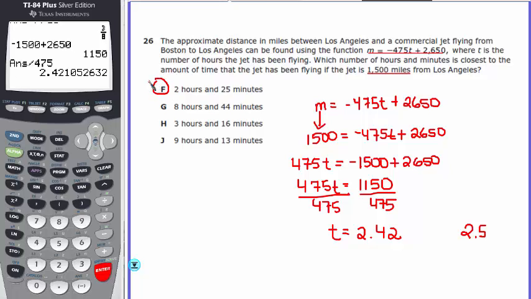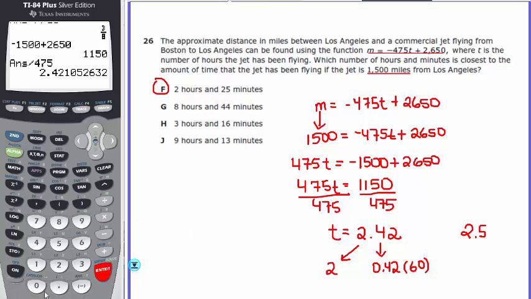If you'd like to know how to change these decimals into minutes, we could do this. This would be 2 hours, so this would be representing two whole hours. And the 0.42, what we can do is take that decimal, 0.42, and multiply that by 60 minutes, because there are 60 minutes in 1 hour.